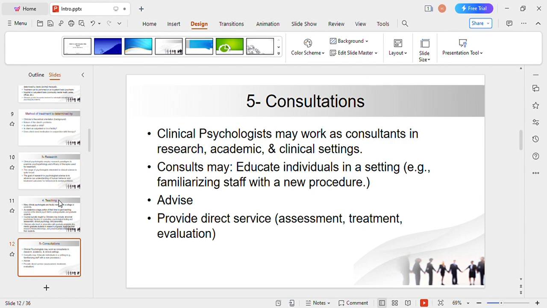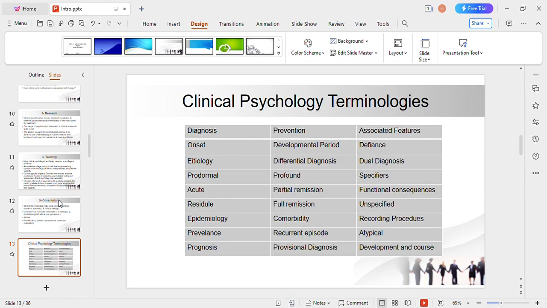And again, in that particular field, they provide direct services in assessment, treatment, and evaluation. So these were the 5 key roles of clinical psychologists. They can perform in any setting, like organizational setting, clinical setting, or experimental setting, so the patient can get benefit of it.